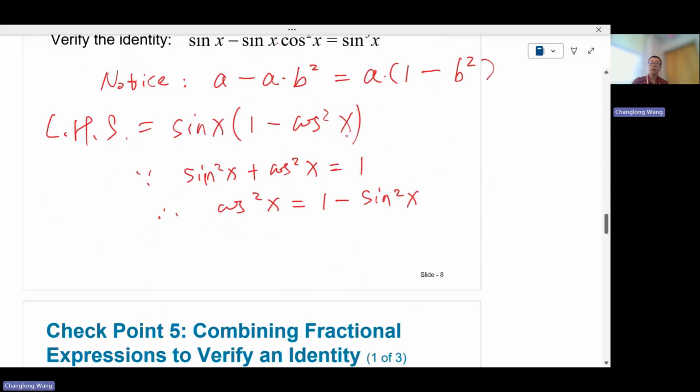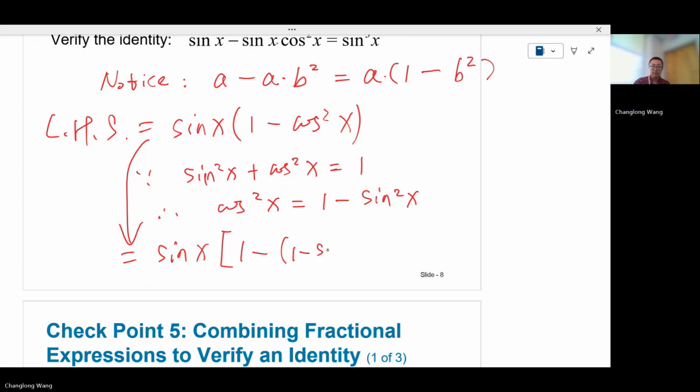Okay, so now remember our goal is to get rid of the cosine square. Let's go ahead and plug it in. I still have the sine of x. All right, so I'll make a bracket, and you'll see why in a second. 1 minus, so whenever I see cosine square, I need to replace it with this, 1 minus sine squared x. Let's simplify it. Now how would you get rid of parentheses?